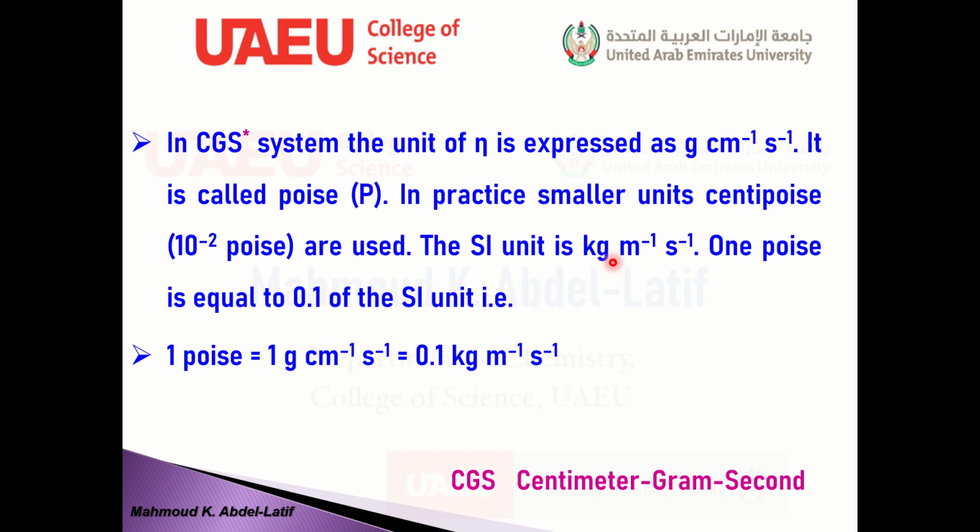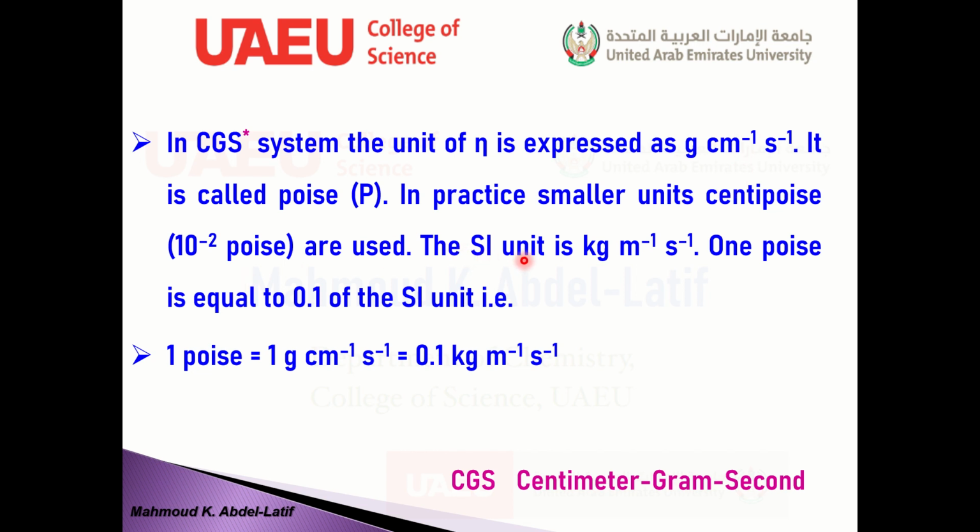It's very easy to convert between them. Here we should multiply by 10 to the power minus 3, and from this one to this one we multiply by 10 to the power minus 2, and the second stays the same. So you end up with that.